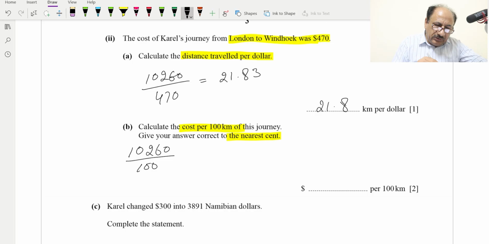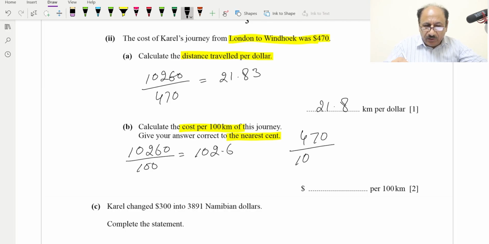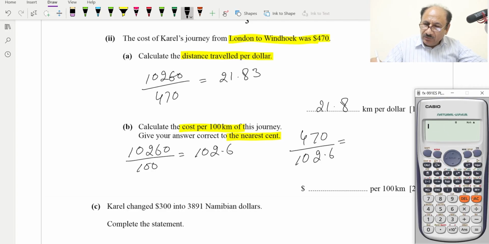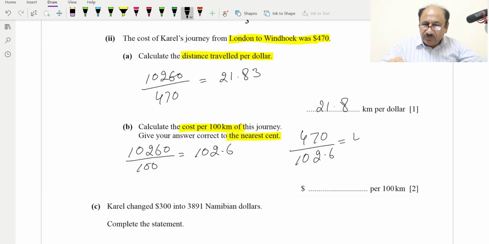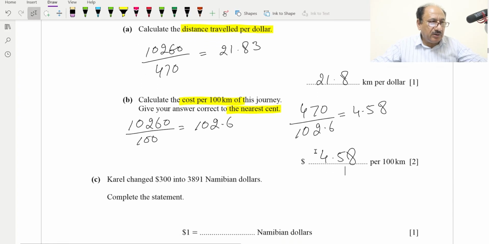Now if we divide this distance by 100, we will get 102.6, and the $470, which is the spending, will be divided by 102.6, and this will give us 4.58. We can write $4.58 per 100 kilometers as our answer.